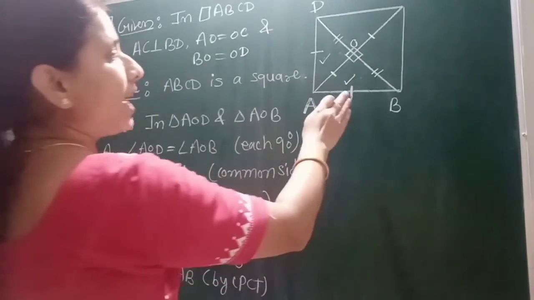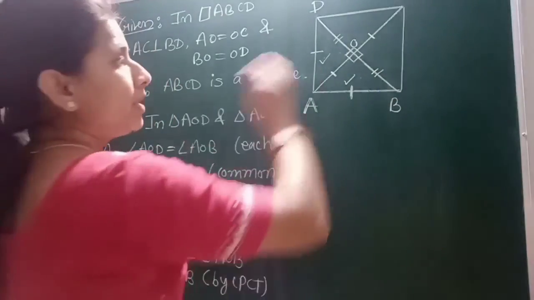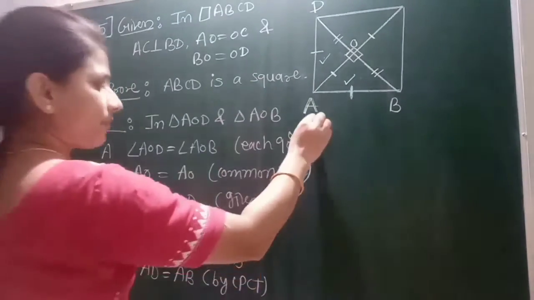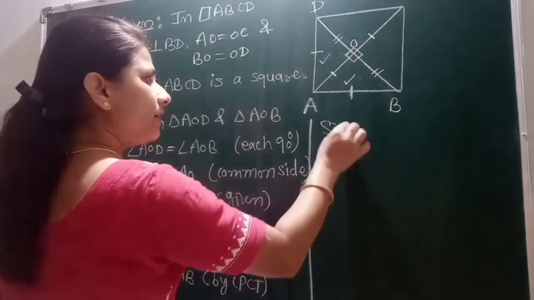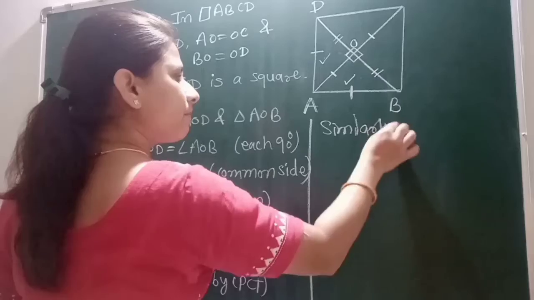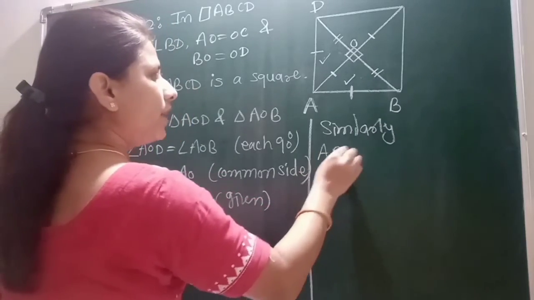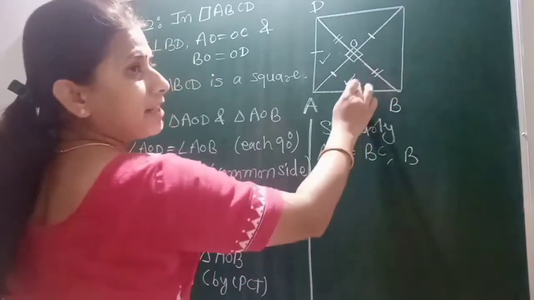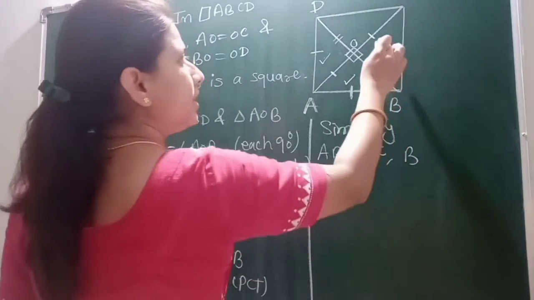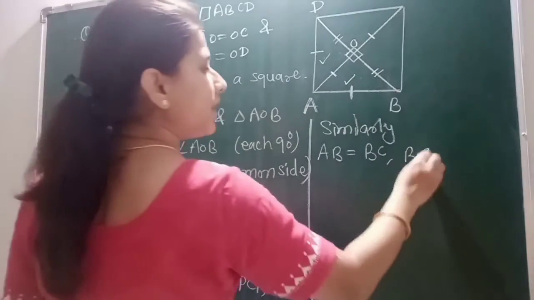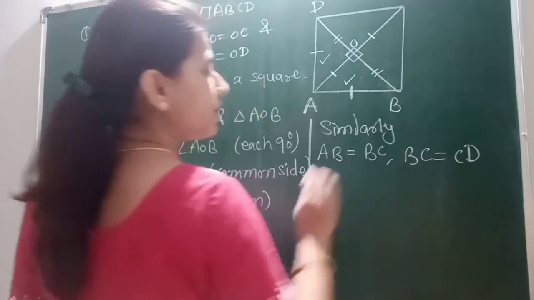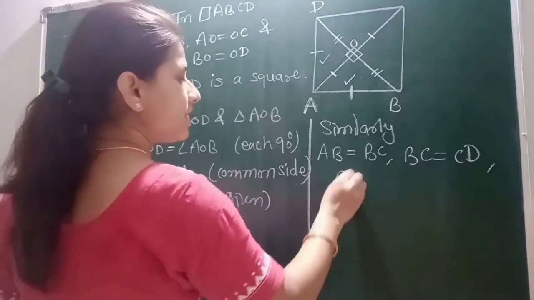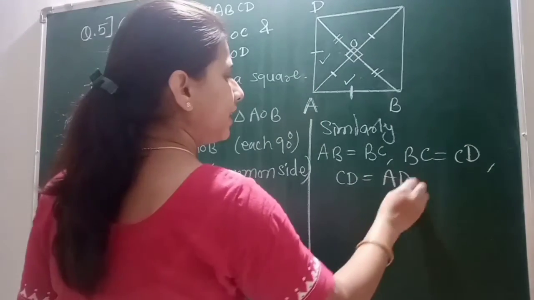Similarly, we can prove that AB will equal BC, BC will equal CD and CD will equal DA. Similarly, AB will equal this BC when we take these two triangles, and then when we take these two triangles we will get BC equals CD, and when we take these two triangles, in that case CD will equal AD.